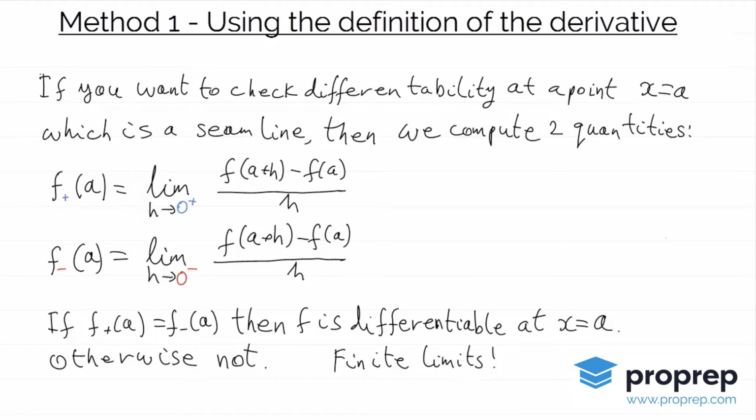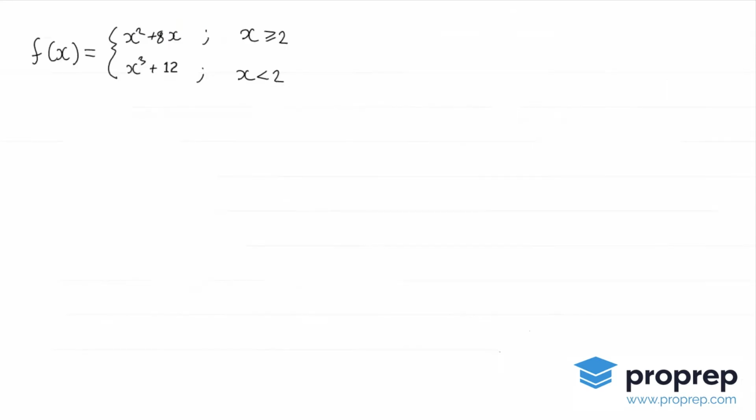Infinity is out. And now it's time for our example using our function, and I'll do it on a fresh page. So here's our function as from before, and the seam line is 2, and that's where we want to check differentiability.